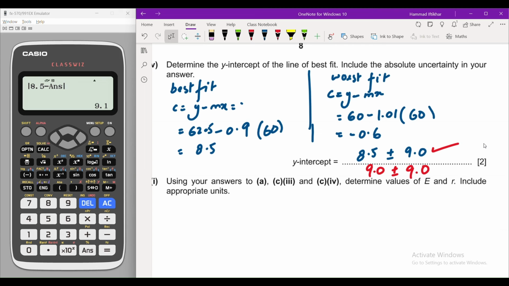Using your answers to A, C3, and C4, determine the values of E and R, including appropriate units.